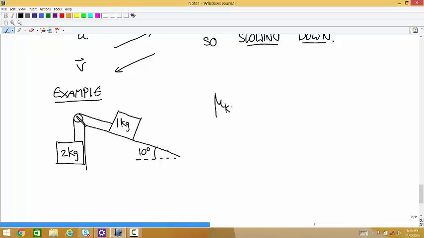The coefficient of kinetic friction between the 1 kilogram block and the incline, let's say that's 0.2. And let's say that the direction of motion at the instant shown is up the ramp.